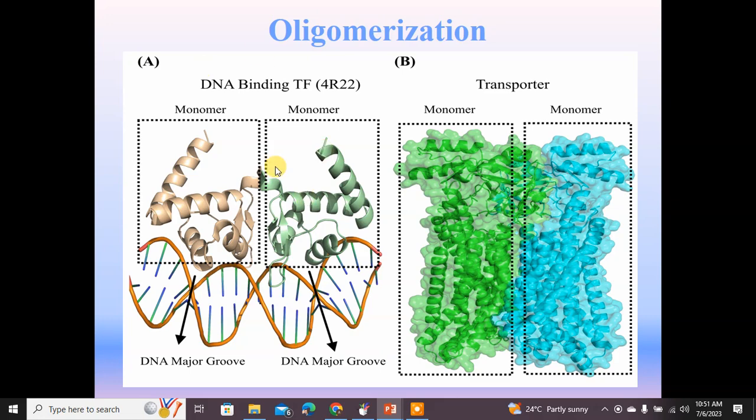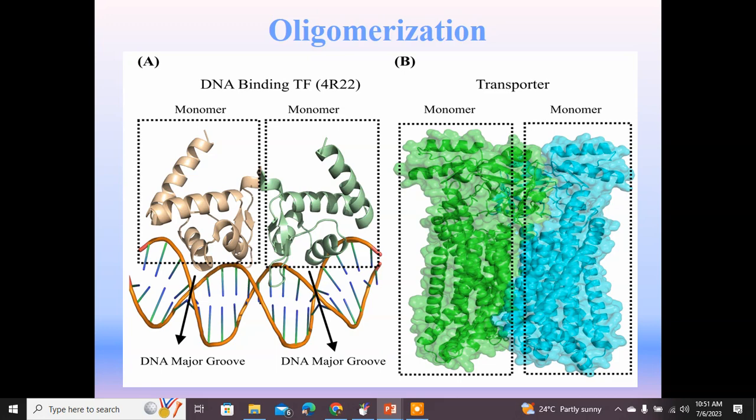So this process of recruiting its own copies to complete a certain function, we call oligomerization. If it recruits two copies, it is a dimer, three copies a trimer, four copies a tetramer, and so on.